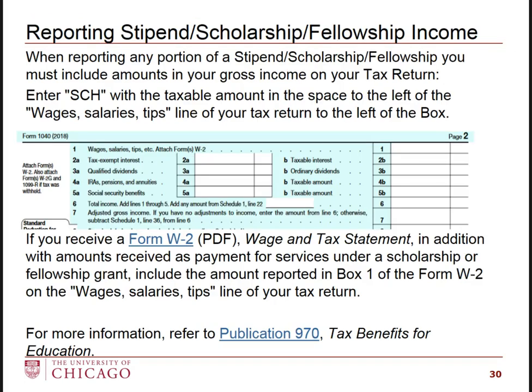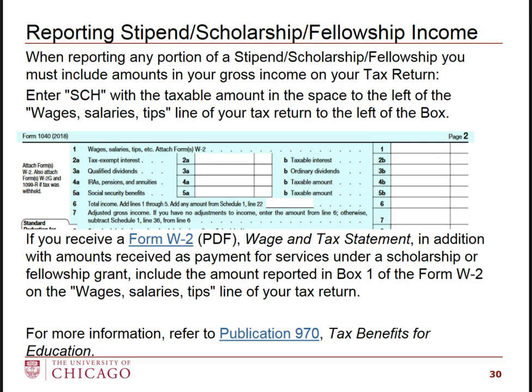On the Form 1040, when you're reporting stipend, scholarship, or fellowship income, you must enter SCH with the taxable amount in the space to the left of the wages, salaries, tips line of your tax return. If you receive a Form W-2 with amounts received as payment for services under a scholarship, include the amount in Box 1 of the Form W-2 on the wages, salaries, and tips line of your tax return.